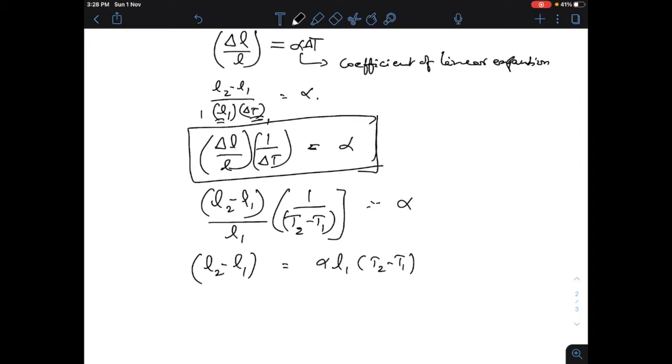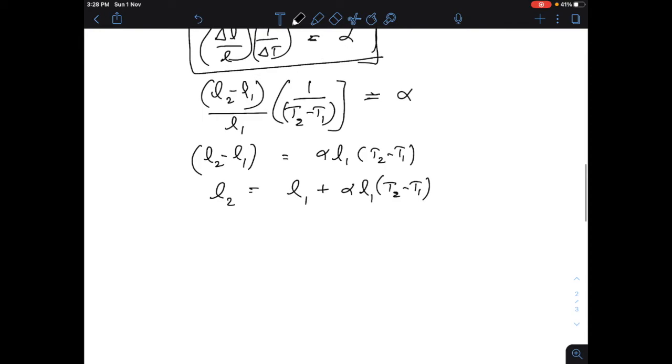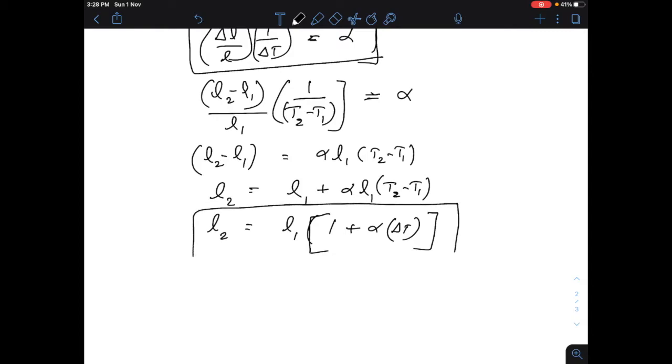Therefore L2 is equal to, bringing L1 to this side, L1 plus alpha L1 times T2 minus T1. So the new length L2 can be written as L1 times 1 plus alpha, and this T2 minus T1 I will simply write as delta T. So we can write this. All these different formulae we can use in solving numericals. So L2 is equal to L1 into 1 plus alpha delta T.